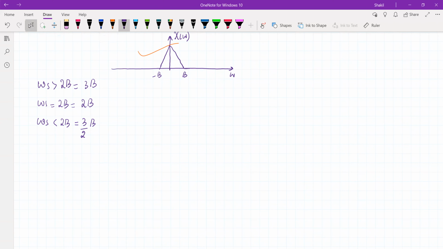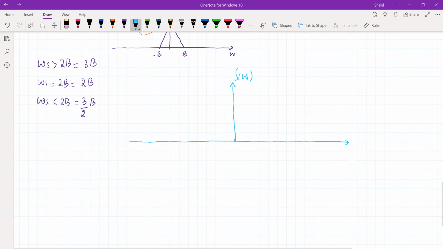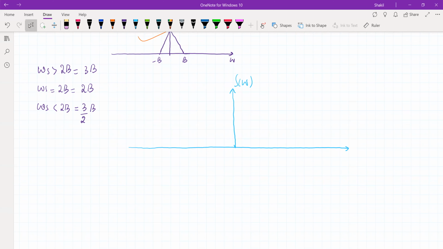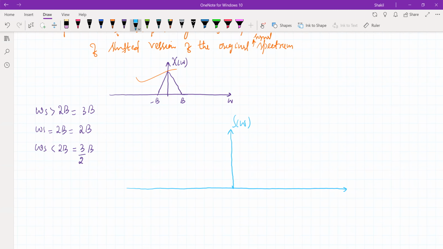Let me take the first case and plot it. This is the frequency axis, and this is our S of omega. The amplitude of each of these shifted versions is 1 by Ts. The first part is X of omega as it is.